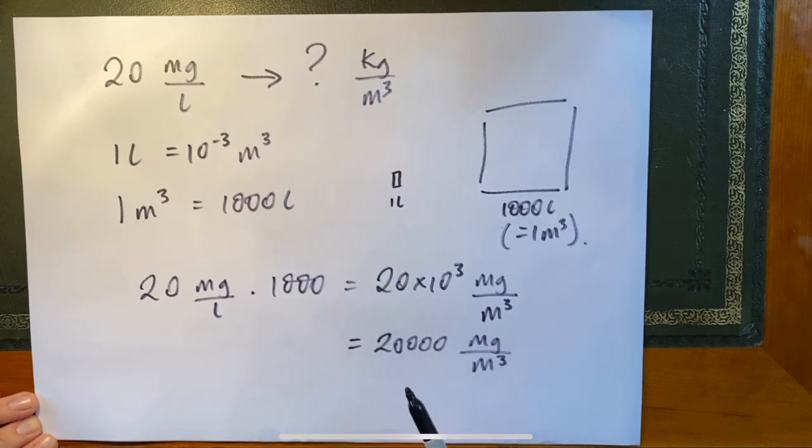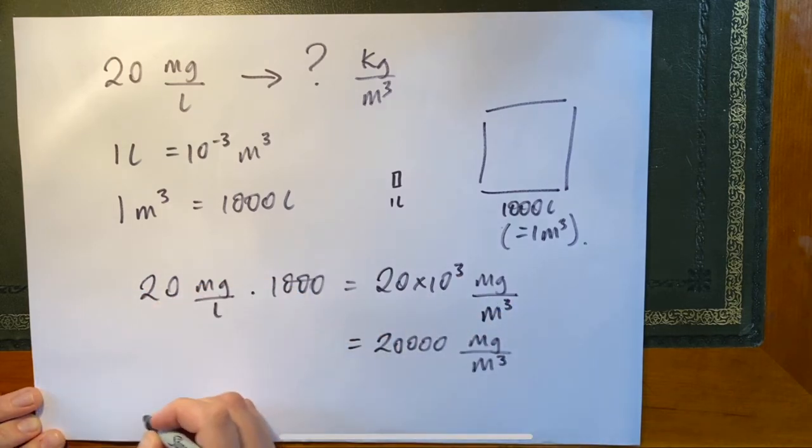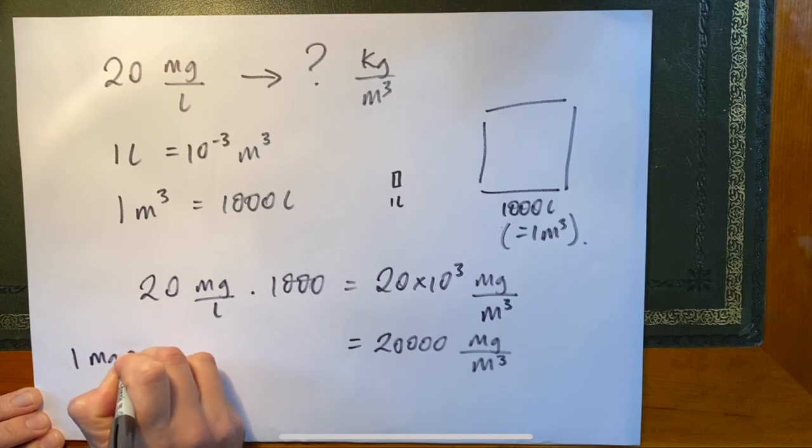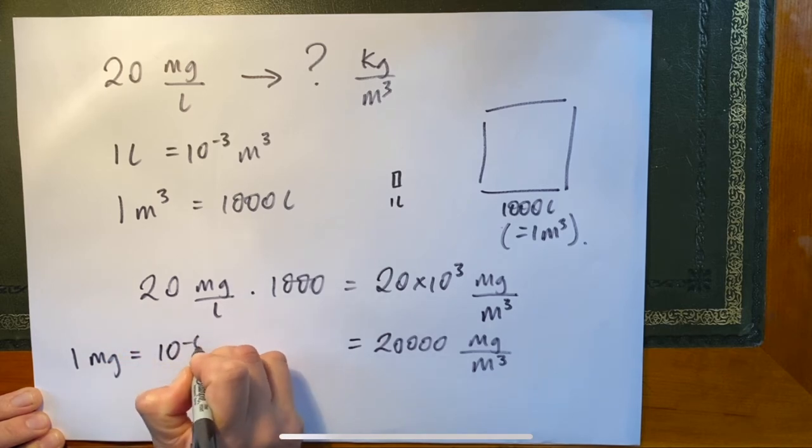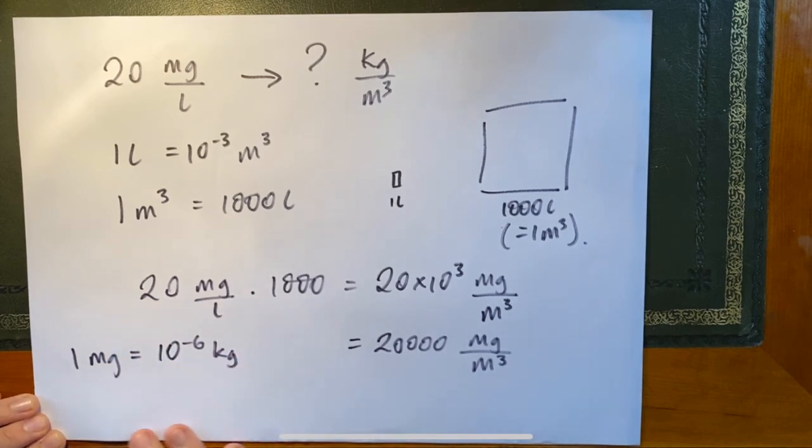So 20,000 milligrams, we know that 1 milligram is a millionth of a kilogram. So we need to convert this from milligrams into kilograms, we need to divide it by 1,000,000. So there are 1 million of these in a kilogram. If this was 1 million milligrams, then it would be the same as 1 kilogram, but it's not. It's 20,000 milligrams. So we still divide it by 1 million.